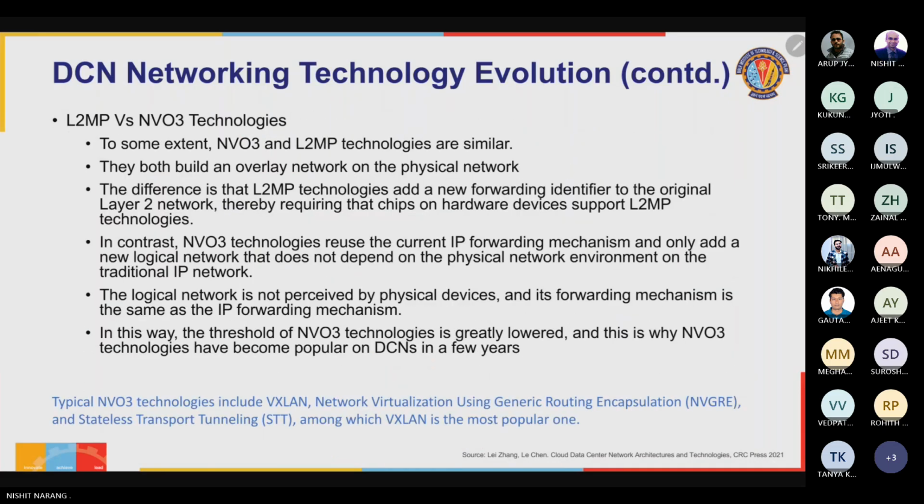How do you differentiate between L2MP versus NVO3? To a very large extent, the way I've explained, they are very similar technologies. Because what are they doing? They're building tenant networks on top of the underlying physical network by using encapsulation or tunneling.